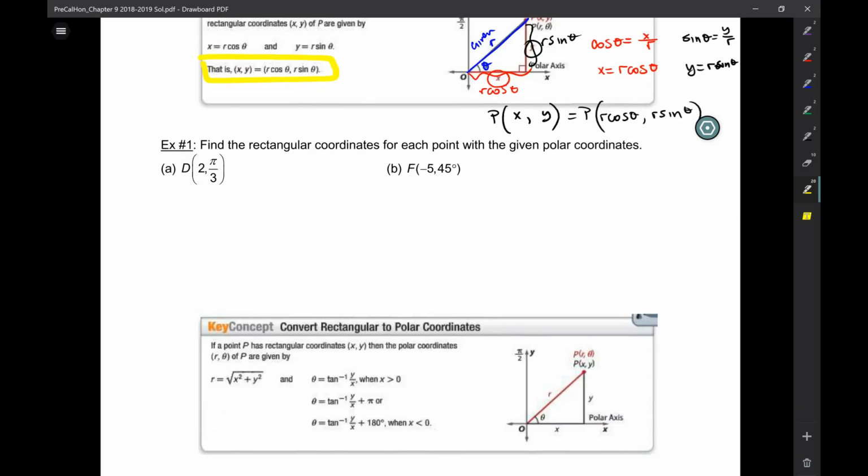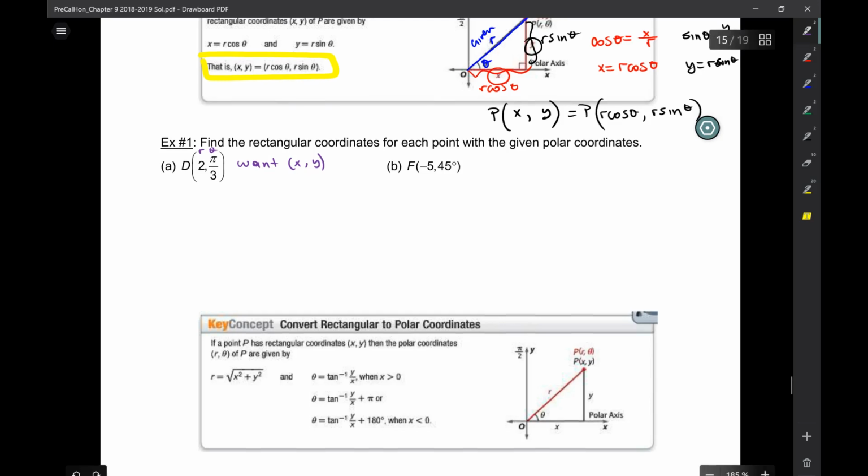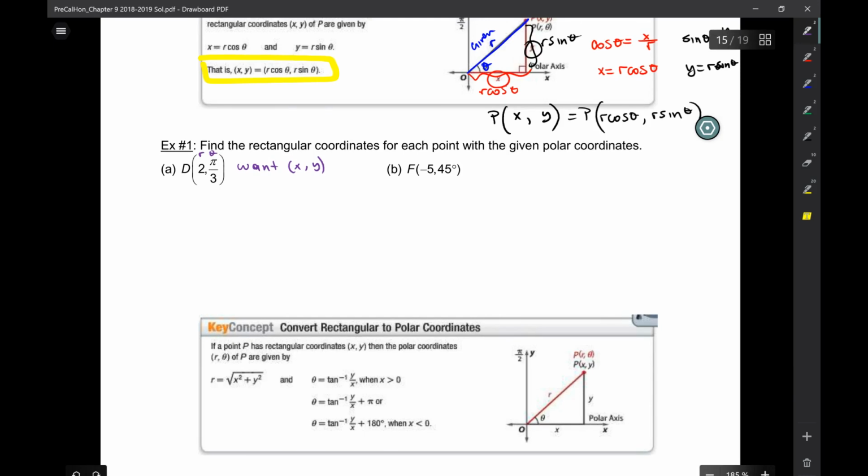So here we go. Here is an example. I've got a coordinate given in polar coordinates. So I have an r and I have a theta, and I want to convert this to x and y. Well, how can I relate r and theta to x and y? Using trig. Before we get to that, let's just visualize what this looks like.